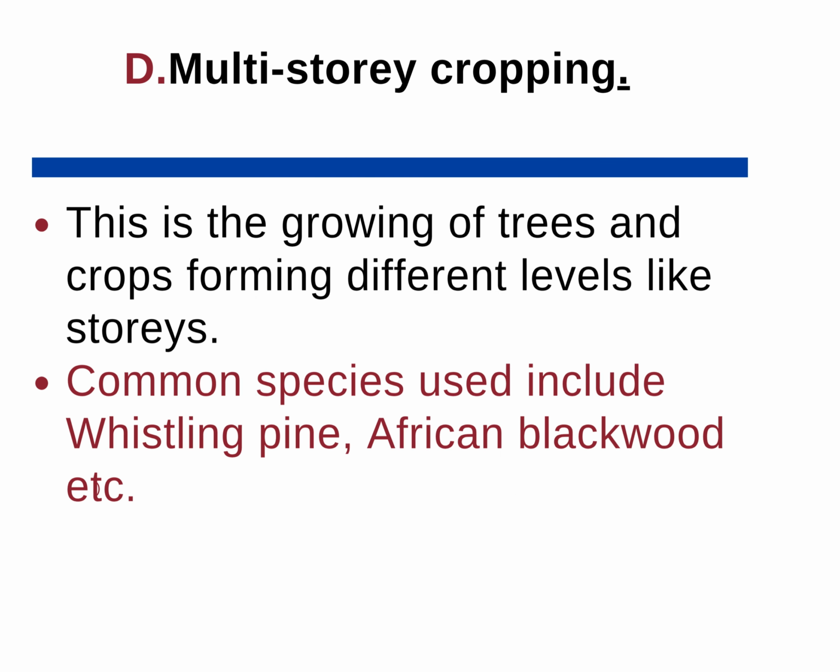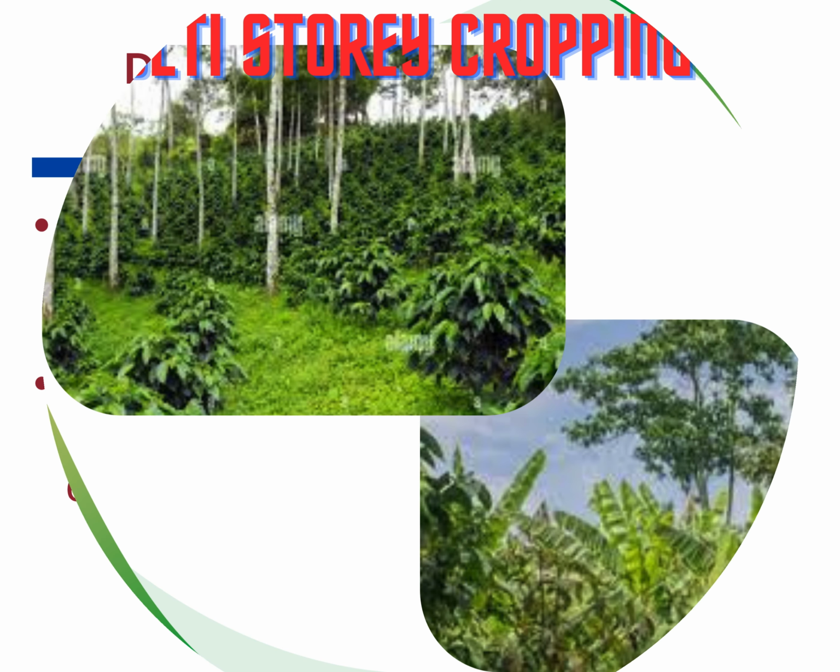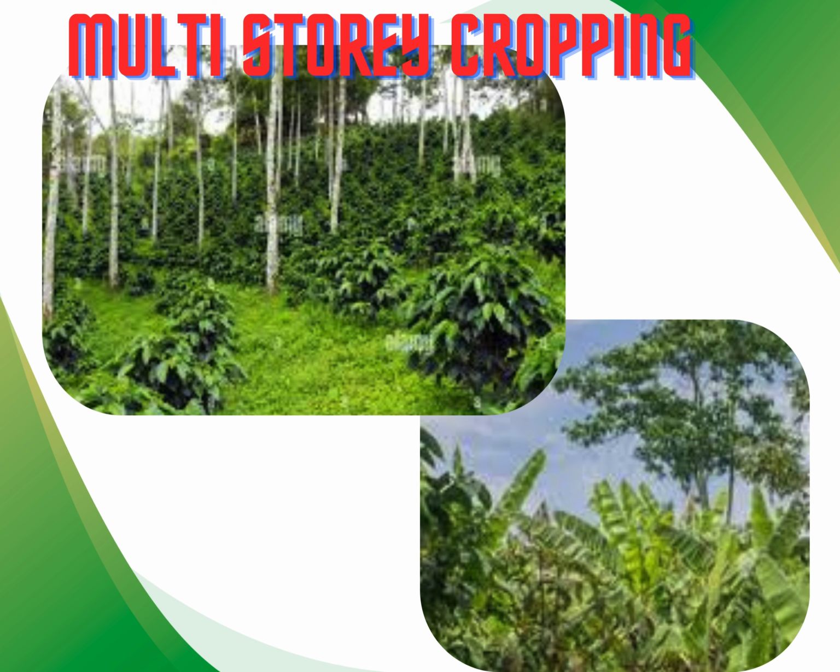D. Multi-story cropping. This is the growing of trees and crops forming different levels like stories. Common species used include whistling pine, African blackwood, etc. Multi-story cropping diagrams.